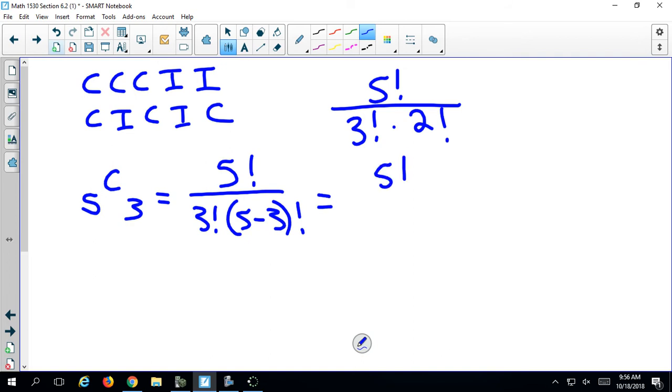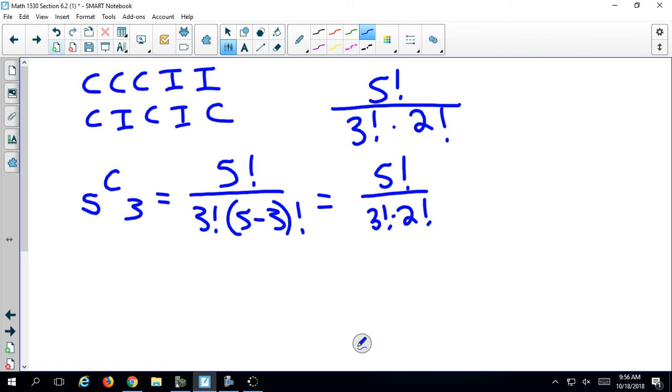So that's 5 factorial over 3 factorial, 2 factorial. It's exactly the same thing. That's kind of weird, but it is. Okay. So the total number of ways I can choose which 3 questions I'm going to get correct out of 5 is 5C3. Okay.